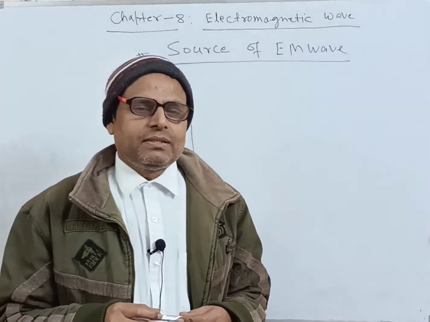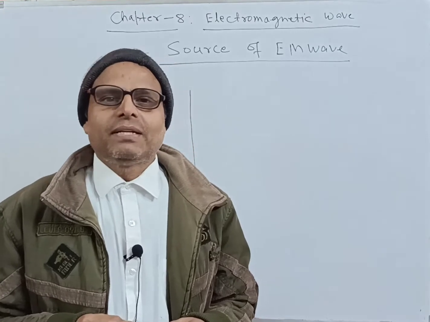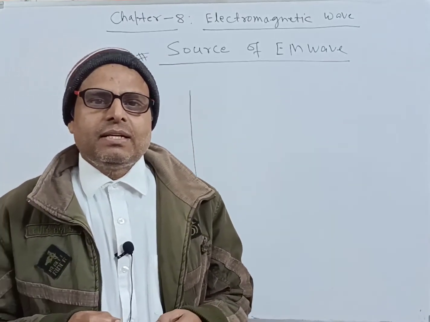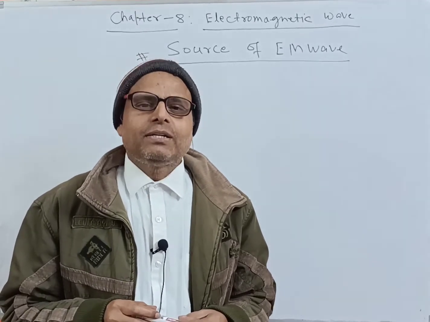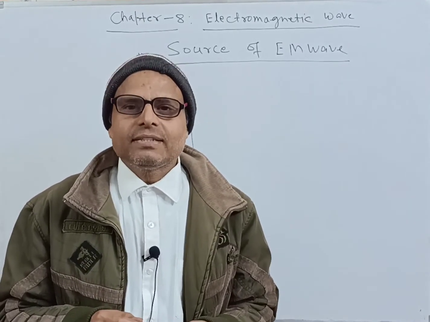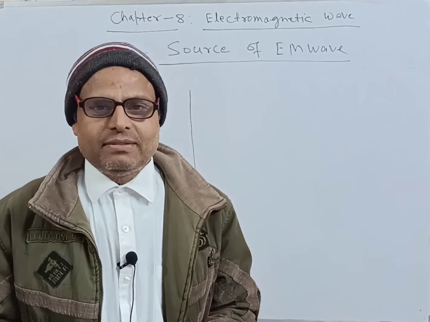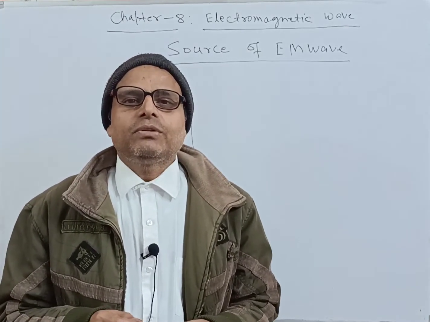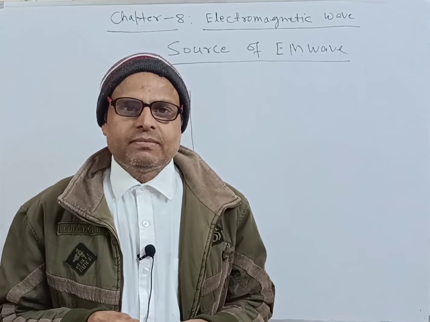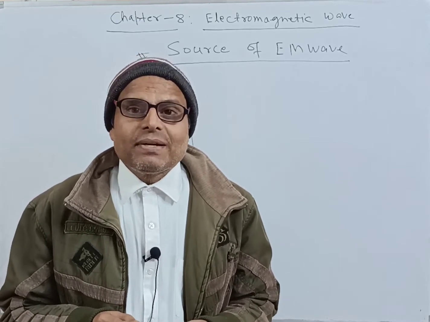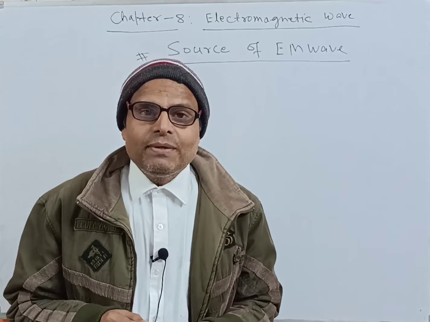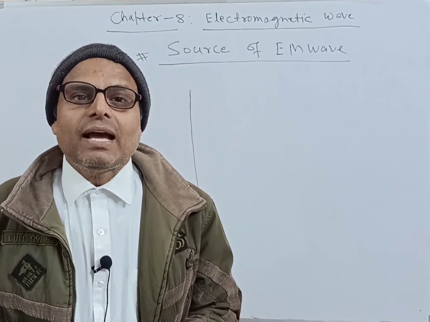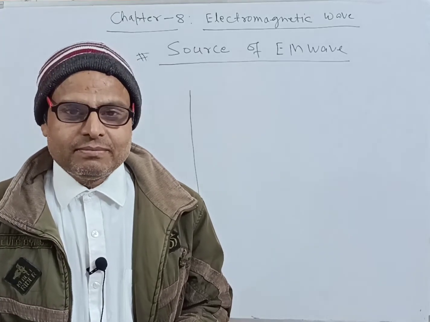In previous chapter I have explained that electromagnetic wave is made by two fields, electric field and magnetic field, and both are perpendicular to each other, and the wave propagation will be along the direction perpendicular to electric field and magnetic field.